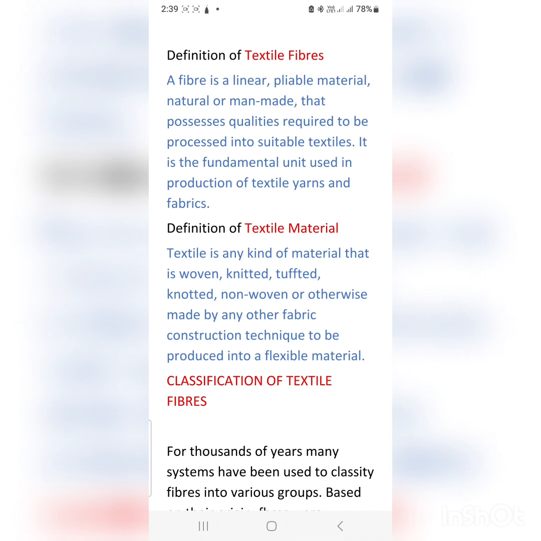So textile material is any kind of material which uses a technique of interlacing or weaving, knitting, like we have sweaters, tufting, knotting, and non-woven or bonding techniques. Different fabric manufacturing techniques are used for construction and produce a flexible material, that is a textile material.